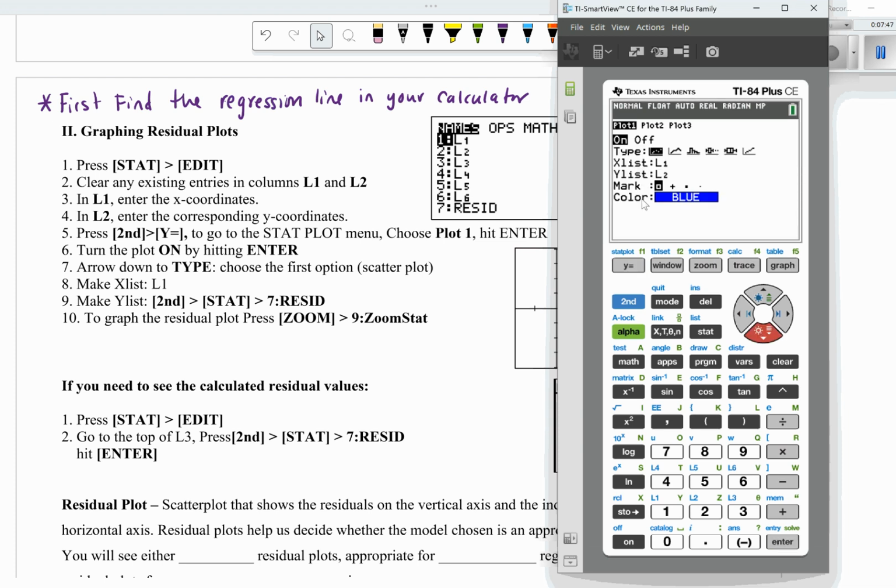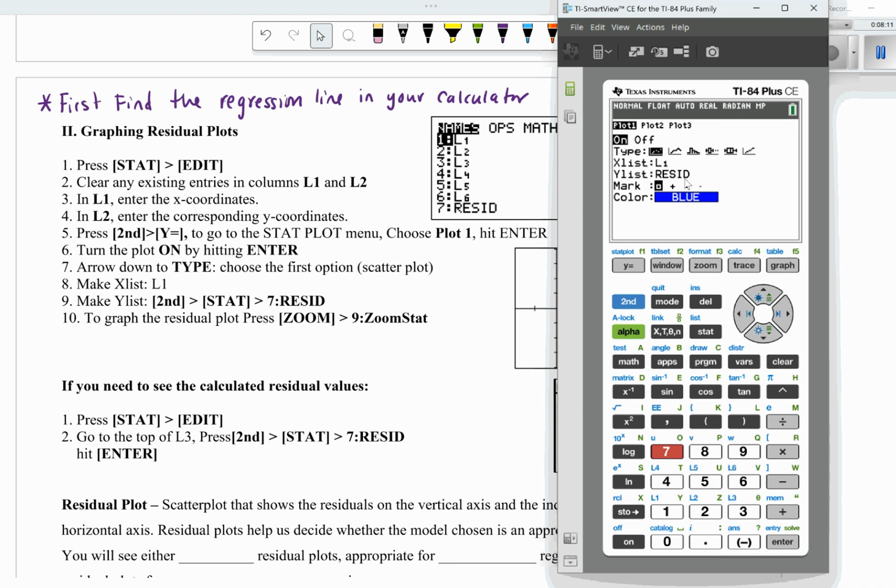We scroll down to the Y list. On the Y list, instead of having list 2, if you go to second Stat, notice above that it says list, and number 7 says RESID. Now when I hit enter on that, we can see we put the RESID into our Y list.